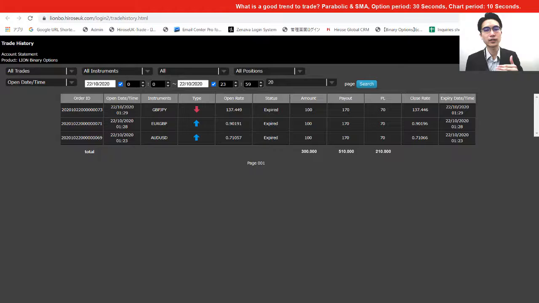But if the candlestick and the direction of the simple moving average don't match, then we will say that might be a trend reversal coming up, or that is not going to be an ideal market for us to trade with. So that's the point you need to remember when you try to use a trend following strategy.